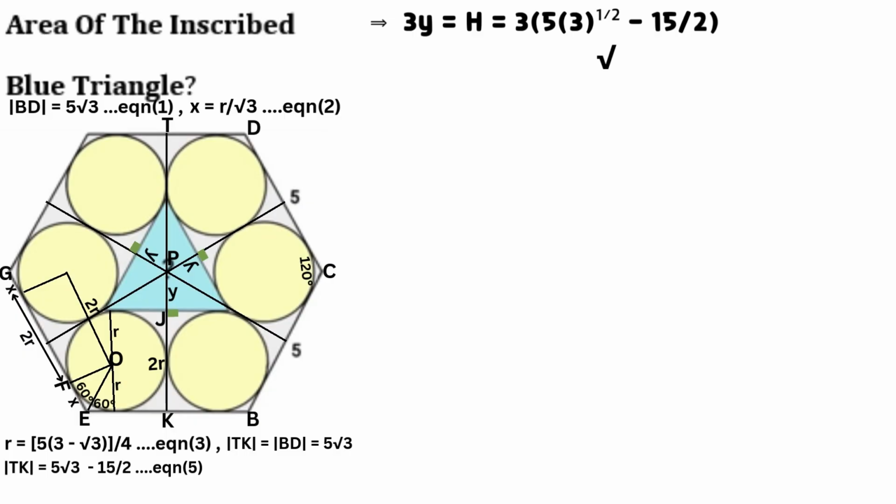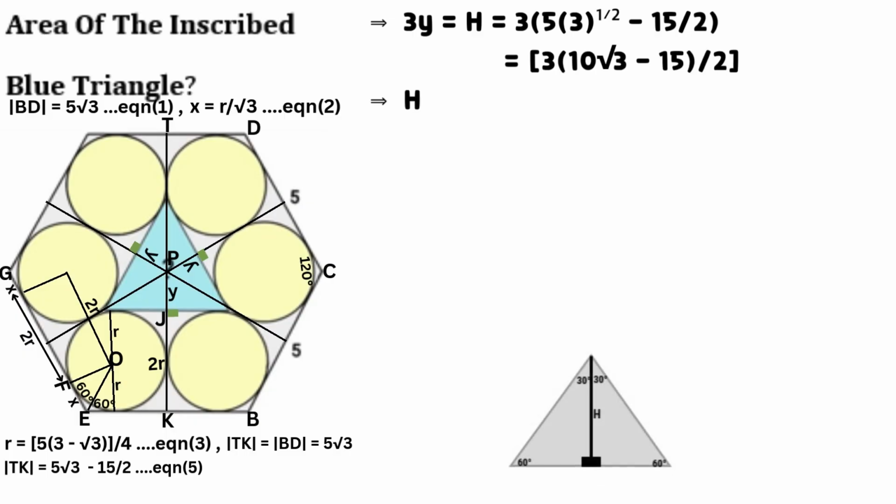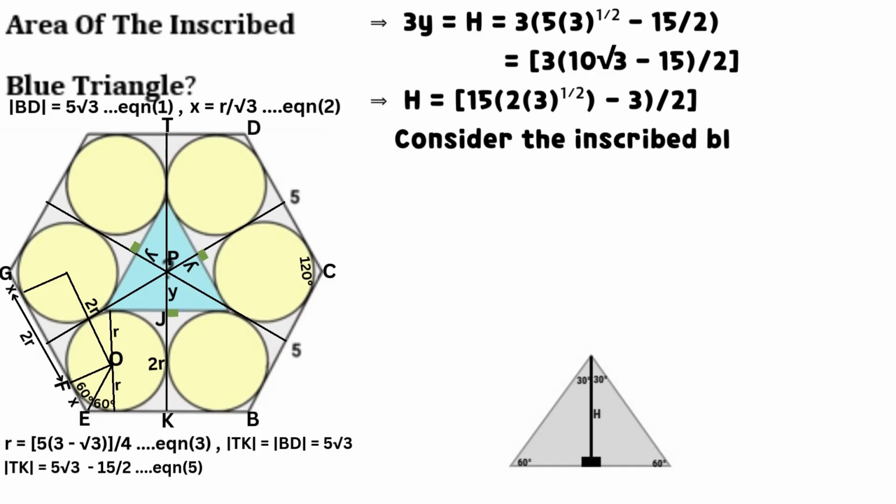It implies that 3 times y equals h, which equals 3 times (5 times the square root of 3 minus half of 15). That is, h equals half of (15 times 2 multiplied by the square root of 3 minus 3). Consider the inscribed blue equilateral triangle shown below.